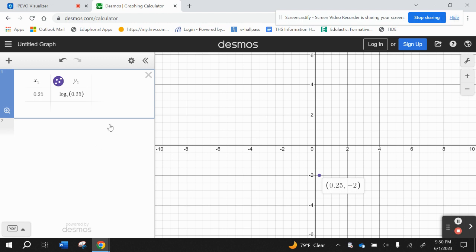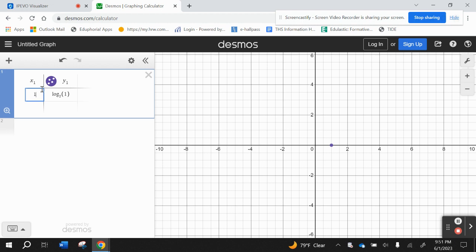And so we don't have to keep going to the function, I'm just going to go back over here and do it this way. 0.5. That point is -1. Then when x is 1, it's zero.